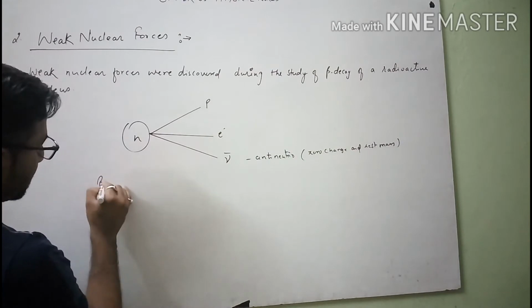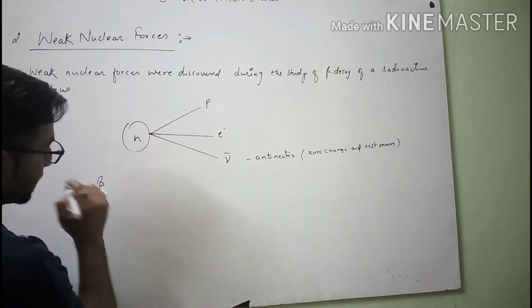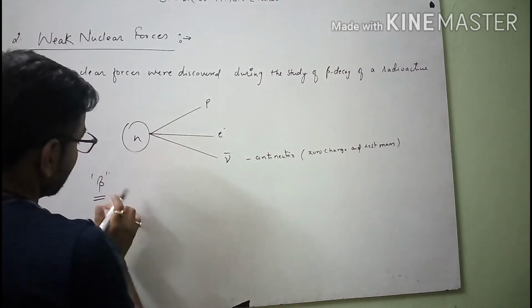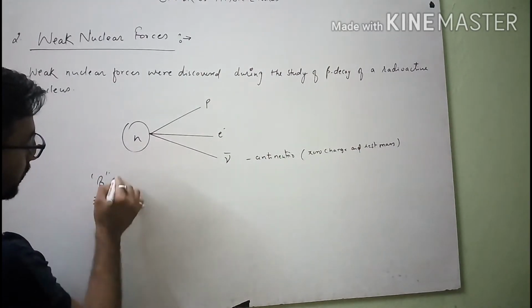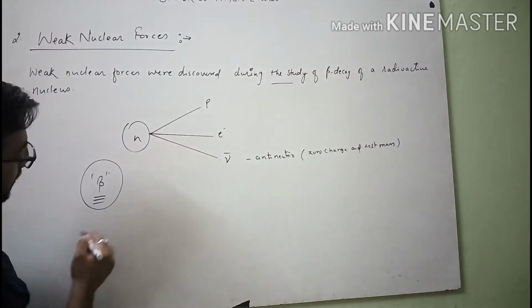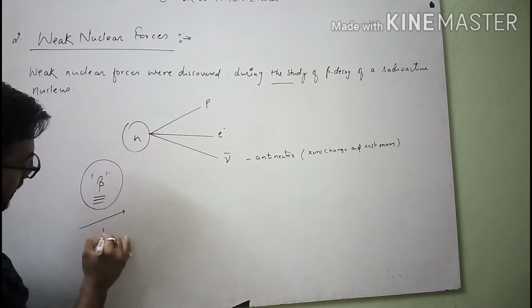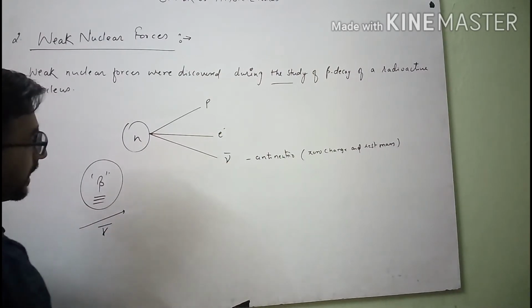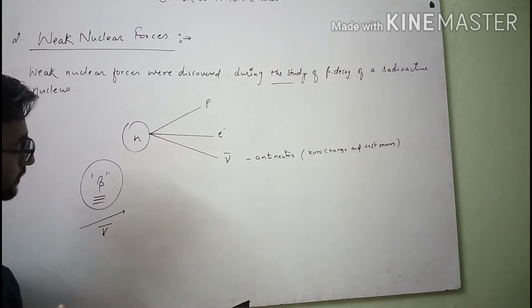When the beta particle is emitted from the nucleus during beta decay, Pauli said that an uncharged, rest-mass particle called the antineutrino is also emitted.